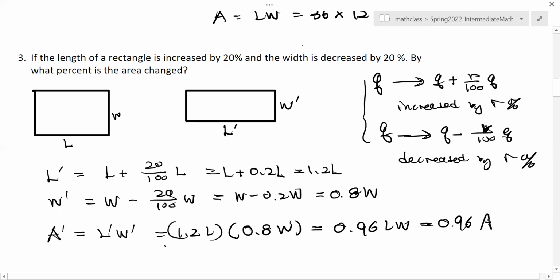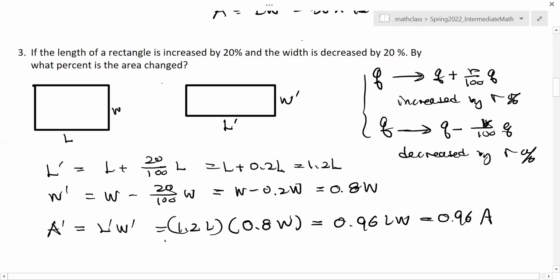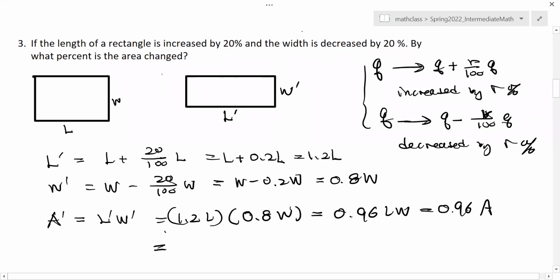Okay, so you can see the relationship between the two areas. The new area actually is smaller than the original area. All right, smaller. That means decreased, right? The question is decreased by what? So it's decreased by 0.04. Okay, right?